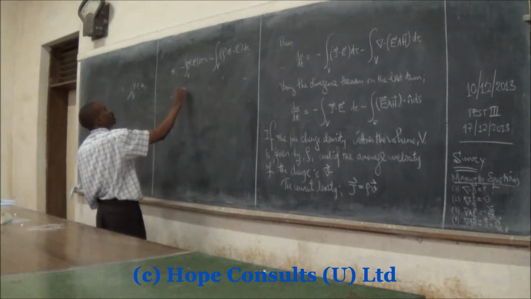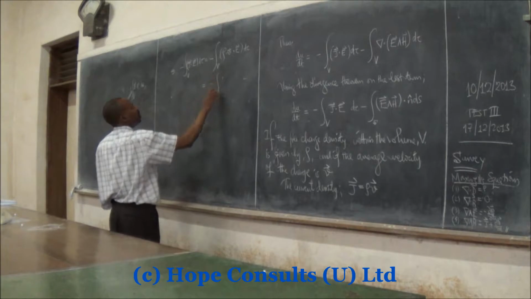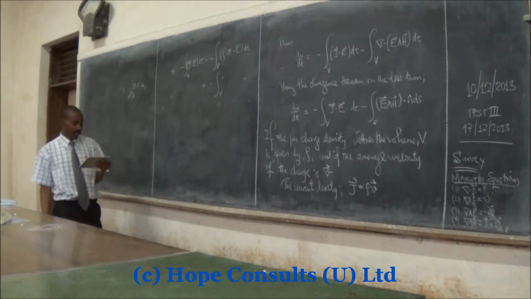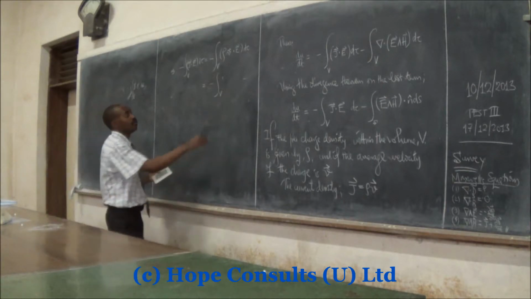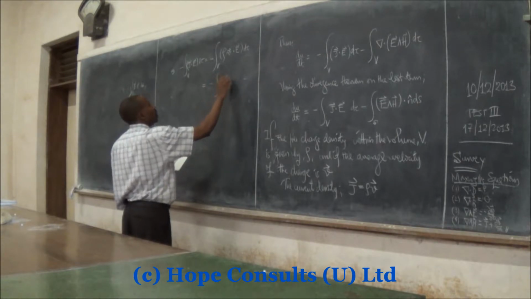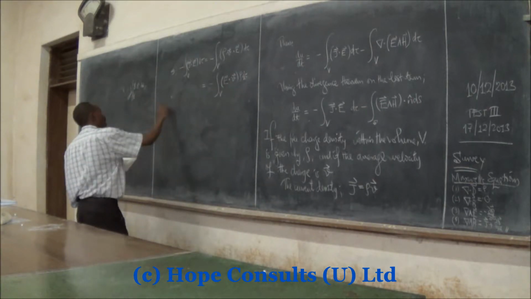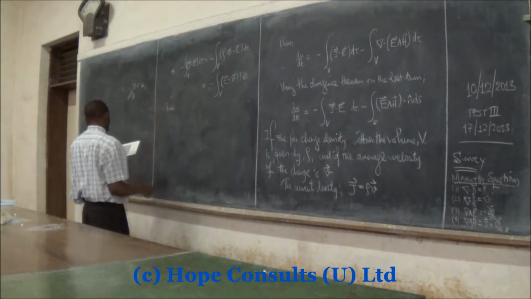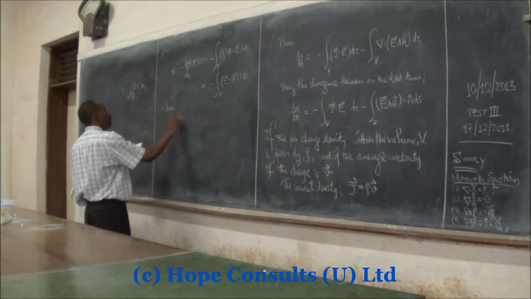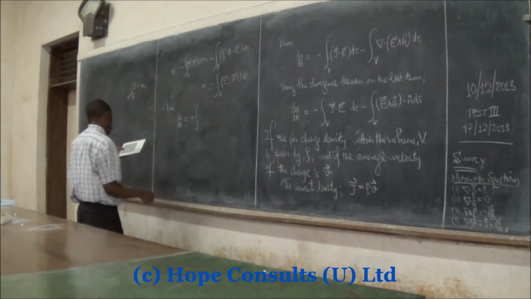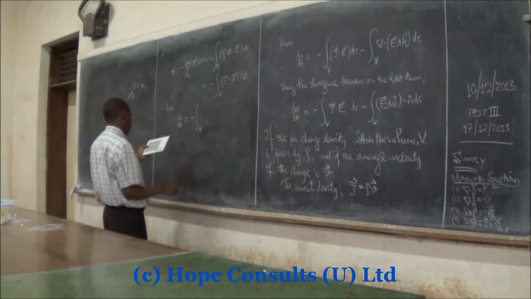This would be the same as minus integral over the volume V, and then we can dot the E and V and put the rho outside. So we have E dot V rho d tau.